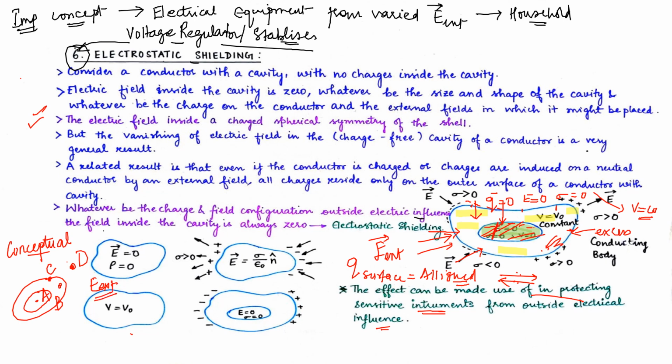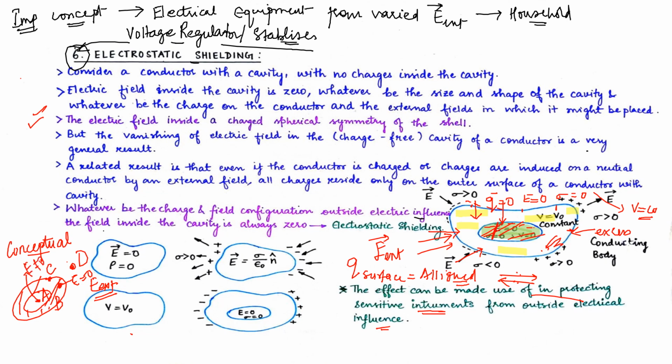So you have to understand that in a concept we have read, inside the conductor E is 0, so at point B E is 0, at point A it is 0.